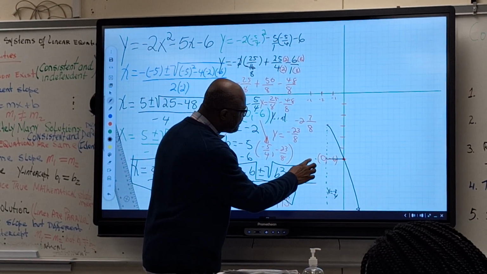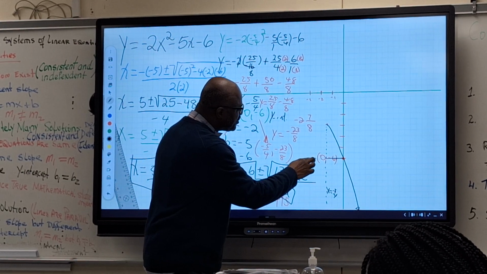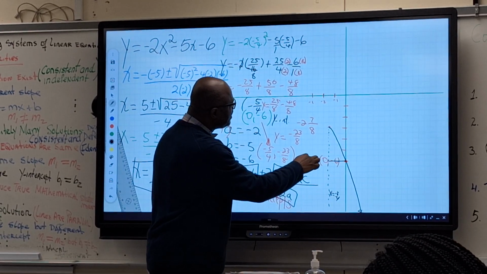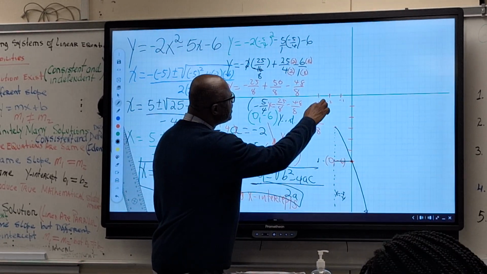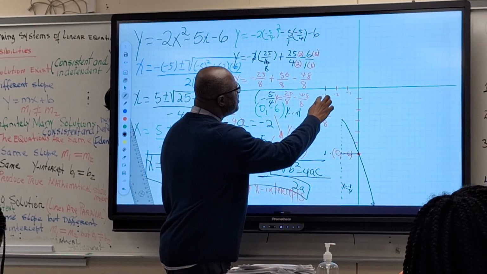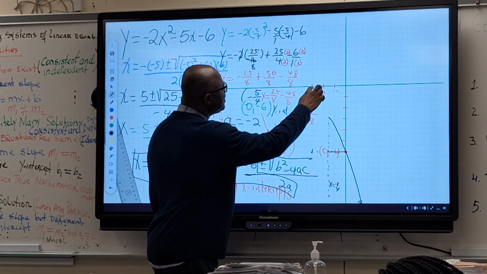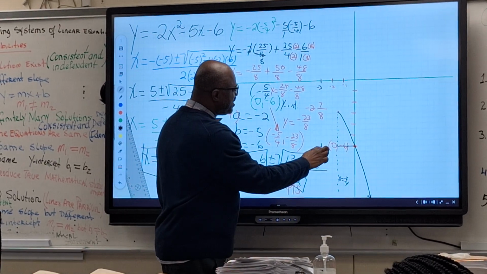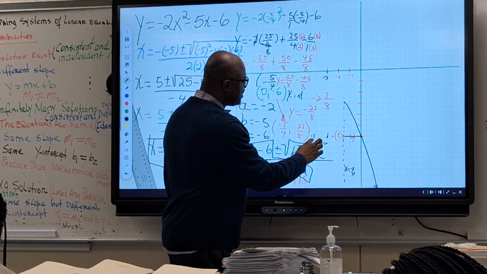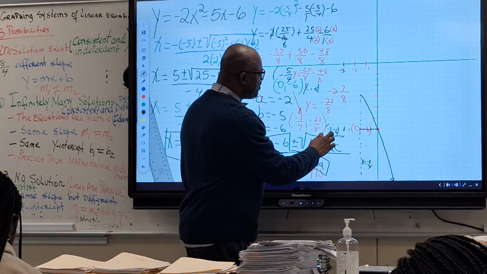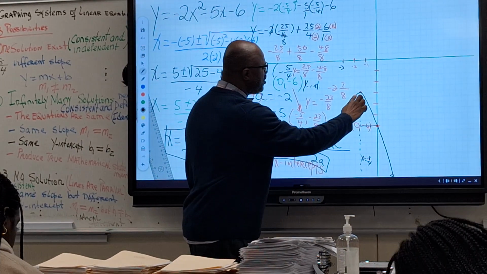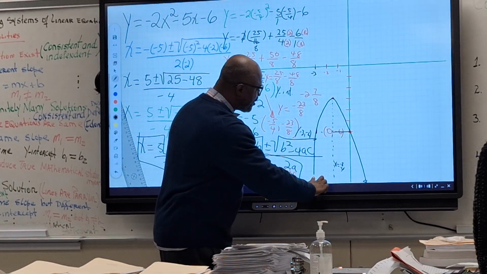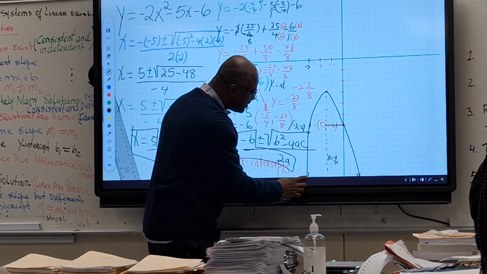That will be my point of reflection. Can you tell me what point that is here? This point will be negative 3, and negative 6. That will be my reflection. That's the only way I can find the other part of the graph, by doing a reflection.